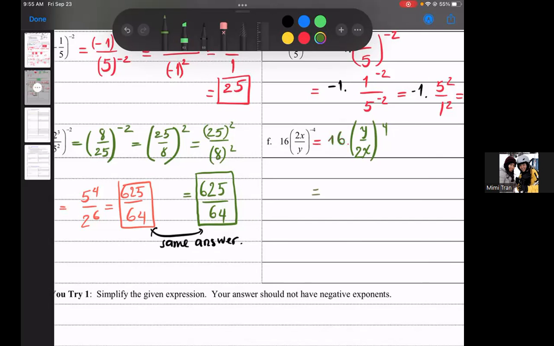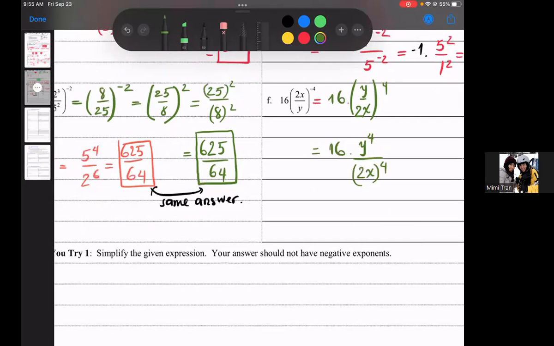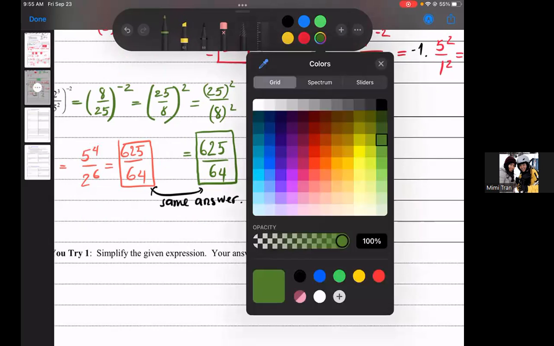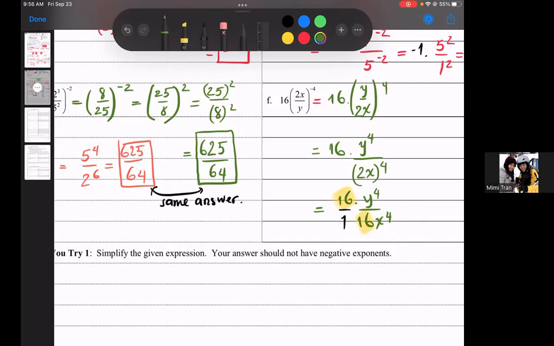All right, so equal 16 times y to the 4 plus u over 2x parenthesis to the 4. 16 times y to the 4 over 2 to the 4 is 16, right? And then you can cancel. 16 is the same thing as 16 over 1. So y to the 4 over x to the 4.